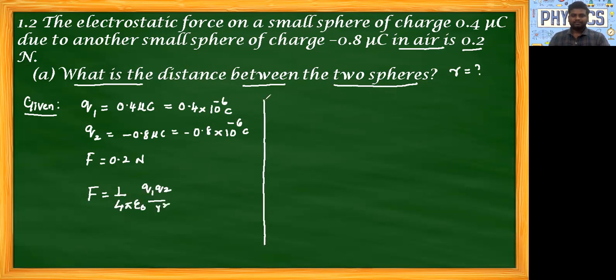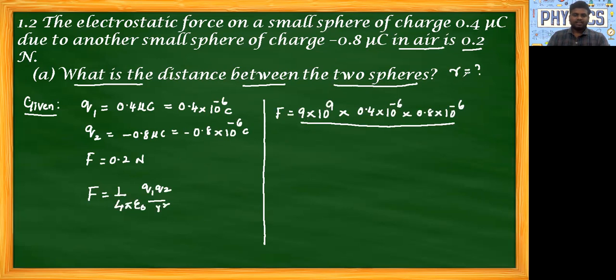Then F is equal to 1 by 4 pi epsilon naught, 9 into 10 to the power of 9, Q1 0.4 into 10 to the power of minus 6, Q2 0.8 into 10 to the power of minus 6, divided by distance R square. This R square we need to find.